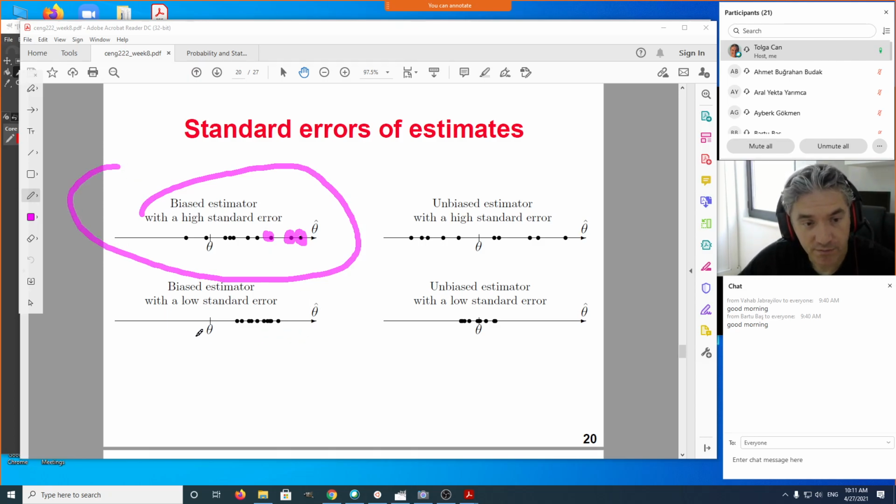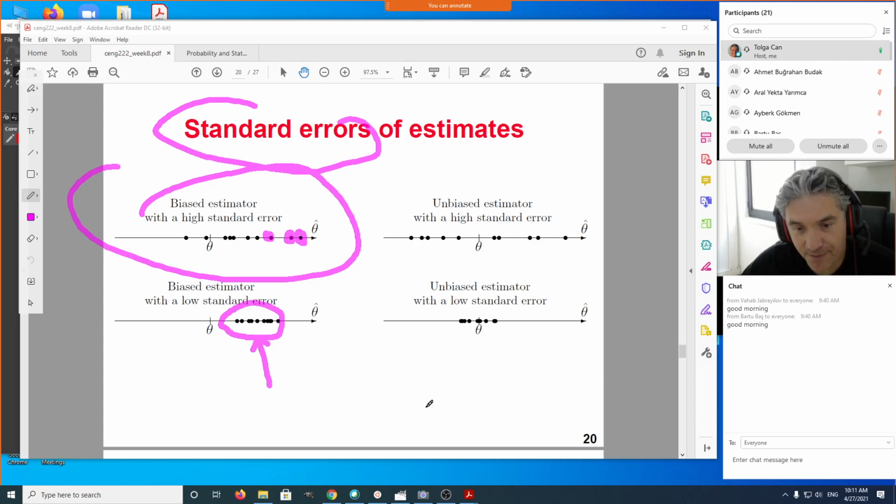This is another biased estimator which overshoots theta; the expected value of theta hat is above the real theta. But this time all the theta hats, all these dots you see, are clustered together. Their standard deviation is small, and the standard deviation of an estimator is called the standard error. So we have a low standard error, but we still have something biased.